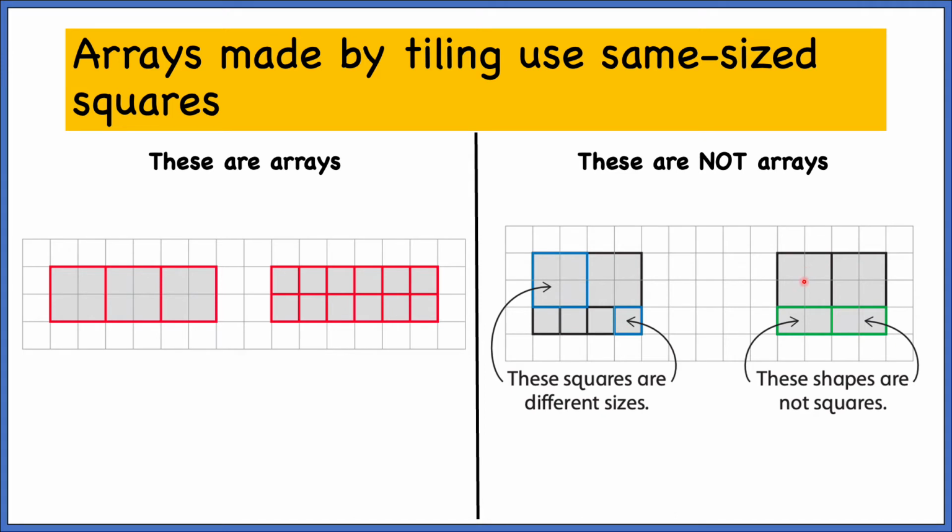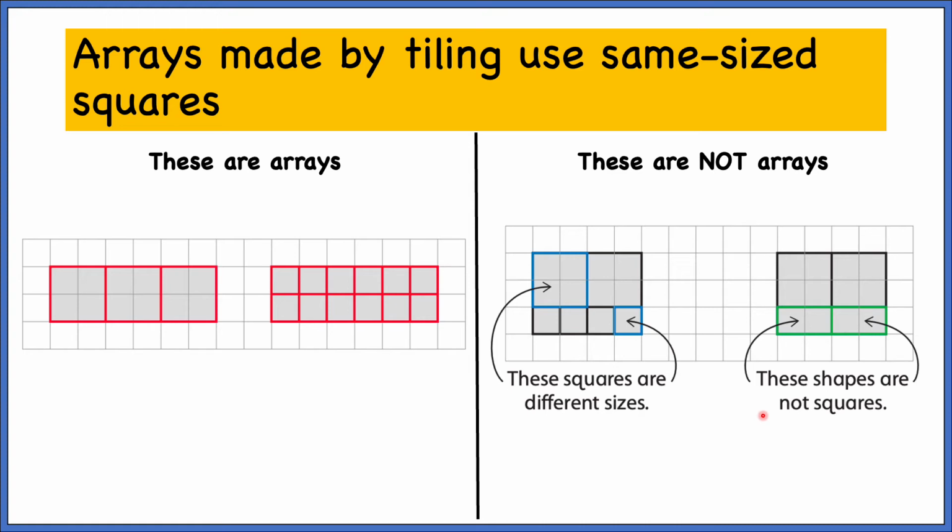On the right, you have 2 big squares on the top, and then these are actually rectangles on the bottom. So the reason why that's important is that this concept of tiling helps us to understand arrays, which leads to multiplication in algebra, but it also leads to finding areas of spaces, rectangular spaces in geometry.